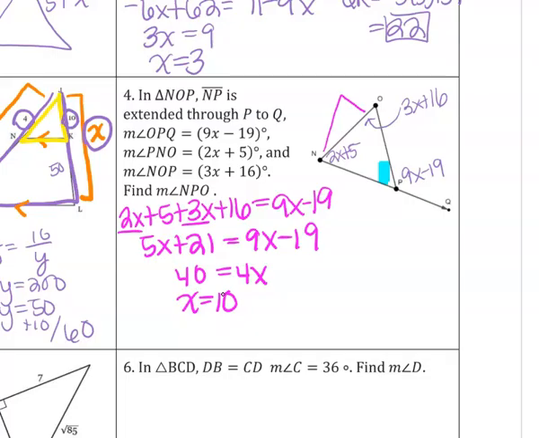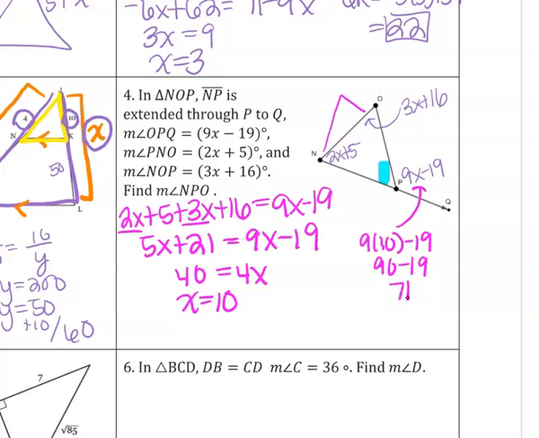Now, in order to get to the angle I highlighted in blue, probably the quickest way would be to go to my exterior angle and find out how much he is. So 9 times 10, minus 19, would be 90 minus 19, which is 71.